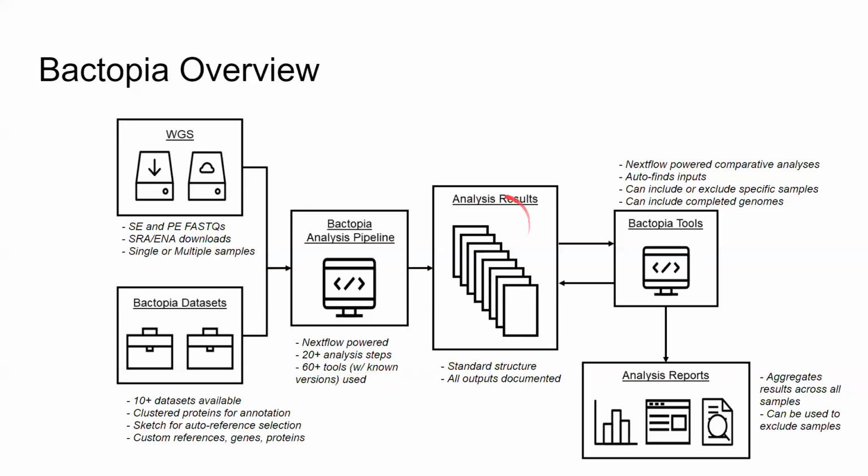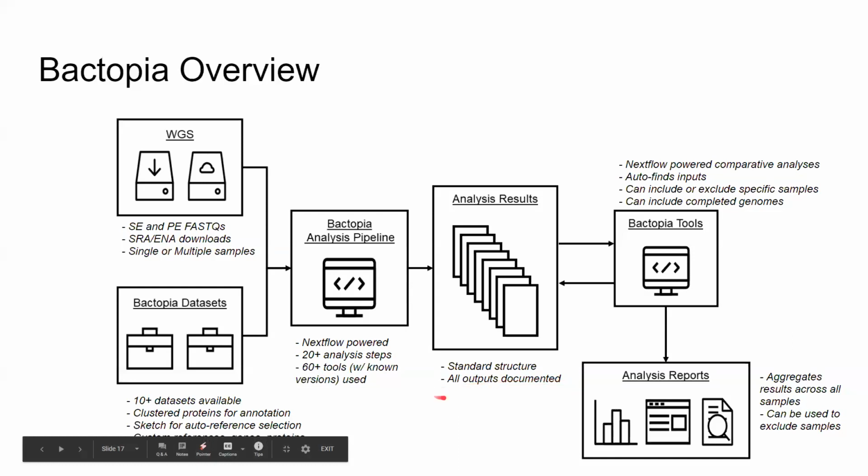And the analysis results, like I mentioned, have a standard structure, so every sample gets all the outputs put in the same sort of data structure. And one thing is I've taken all the outputs and given a brief description of the output file. So like Prokka, again, it produces a lot of files, and I've taken a one-sentence description of what this file extension contains.